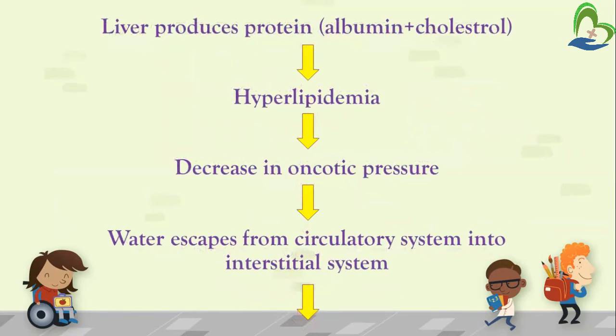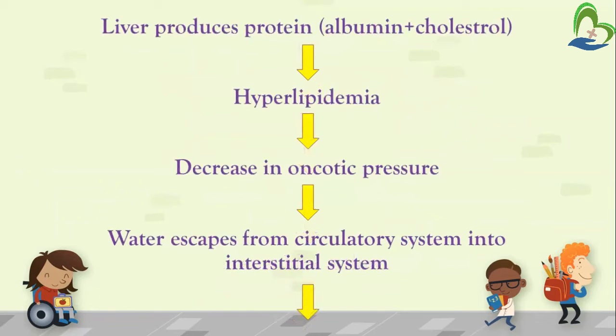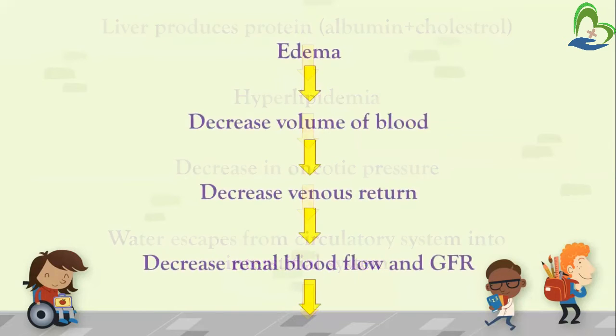That leads the liver to produce more proteins, that is albumin plus cholesterol, which leads to hyperlipidemia, and a decrease in oncotic pressure. Water escapes from the circulatory system into the interstitial space, which leads to edema.